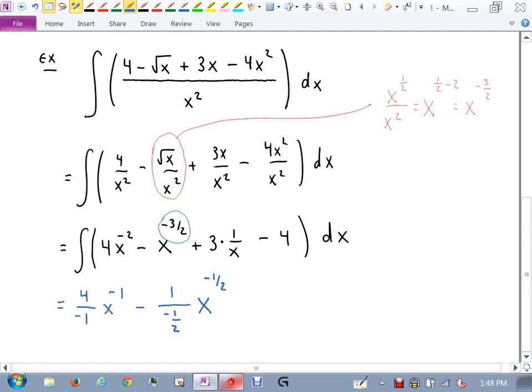What about the next one? Plus, what do I do with this 3? Just leave it. Antiderivative of 1 over x, natural log. 3 natural log absolute value of x. Always absolute value on the antiderivative here.